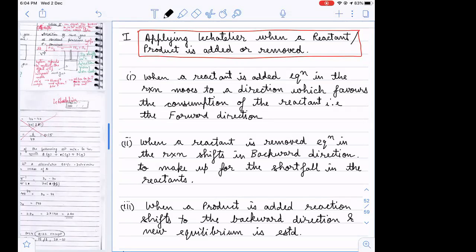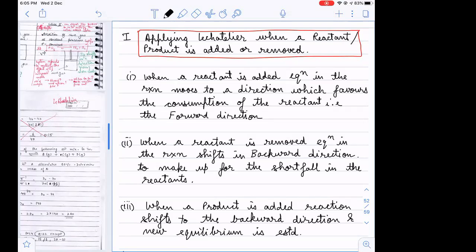Please read the second point, Nikhil. When a reactant is removed, equilibrium in the reaction shifts in the backward direction to make up for the shortfall in the reactants. When a reactant is removed, again Le Chatelier will say, I will nullify the change. What is the change?